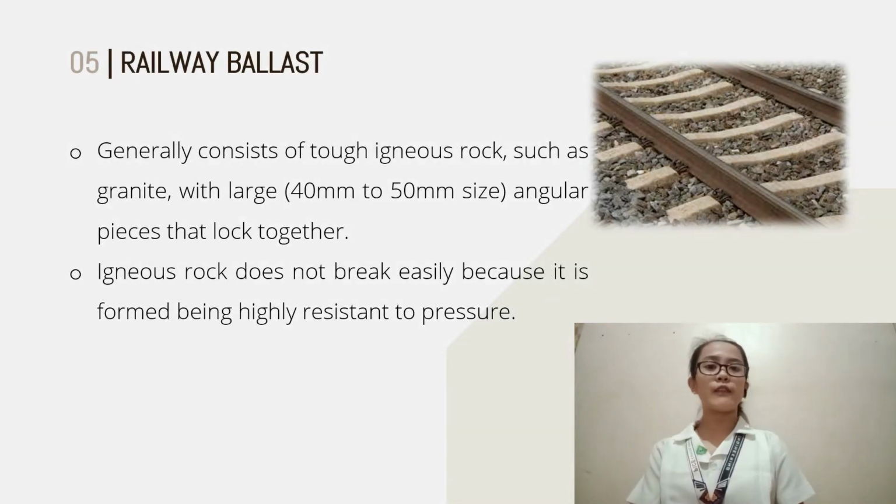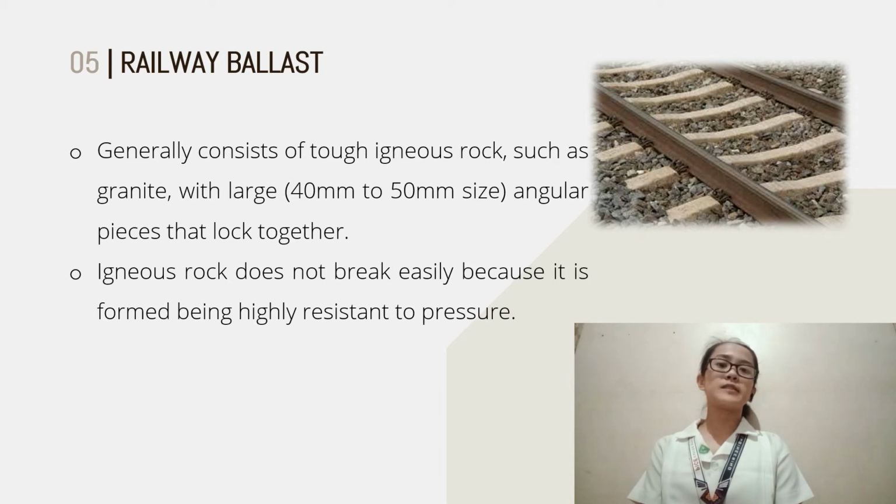Lastly, the railway ballast. As we may recall in the pie chart in the first part of my report, the railway ballast has the least consumption of aggregates. It is around 2% of aggregates only. But aggregates are highly significant in railway ballasts.